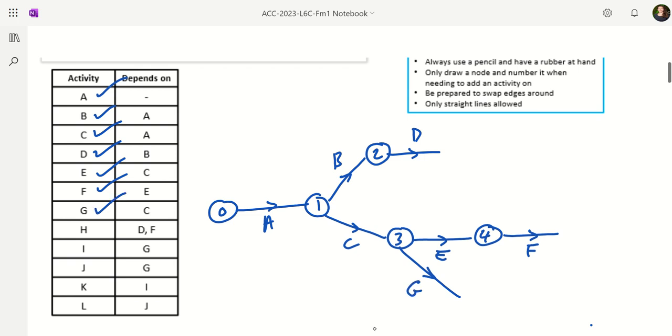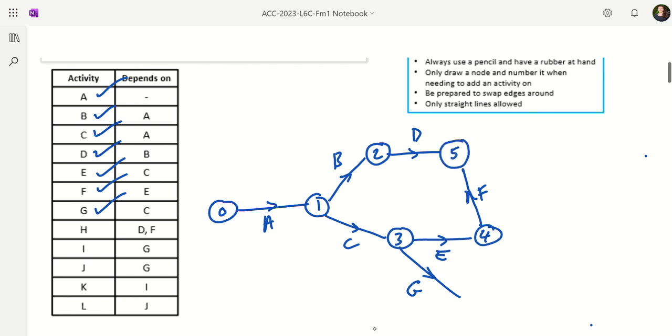Now H can be completed once D and F are completed. So I want the arc for D and the arc for F to be pointing inwards to a single node. So I'm just going to redraw this F over here. I'm going to have it coming up like this into a fifth node.